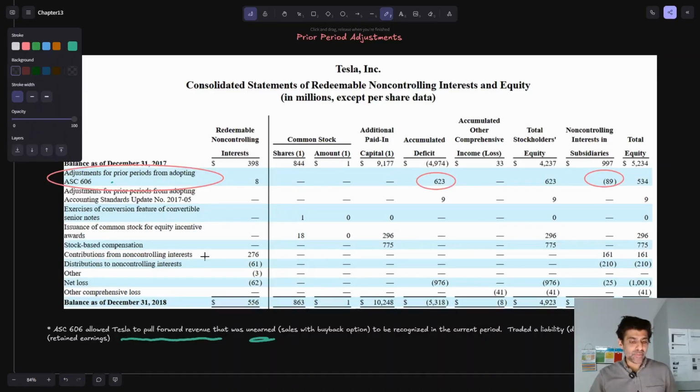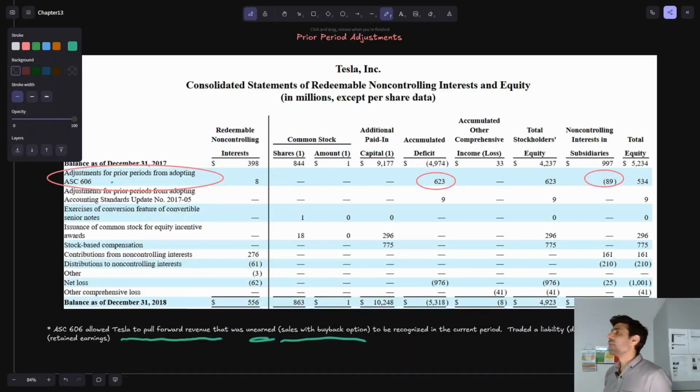There's some change in the accounting standard where Tesla, in the old standard, had recorded cash that it received as unearned revenue, a liability. But the change in this accounting standard now allows them to just recognize all the revenue up front. And this is for sales with buyback options.